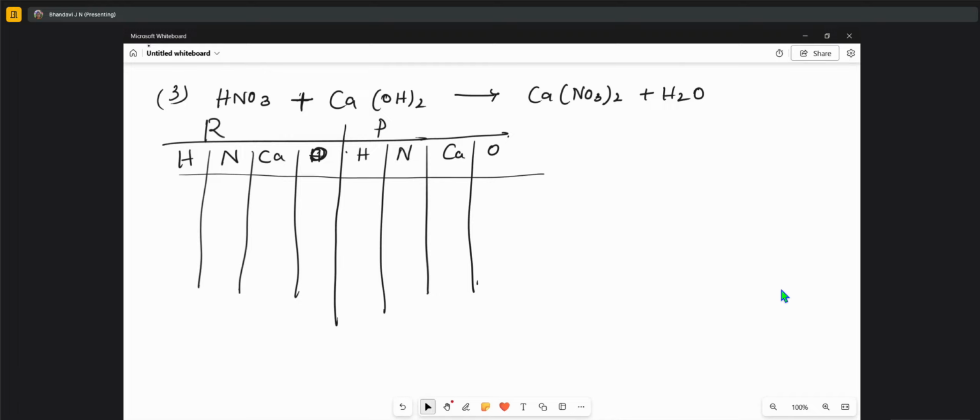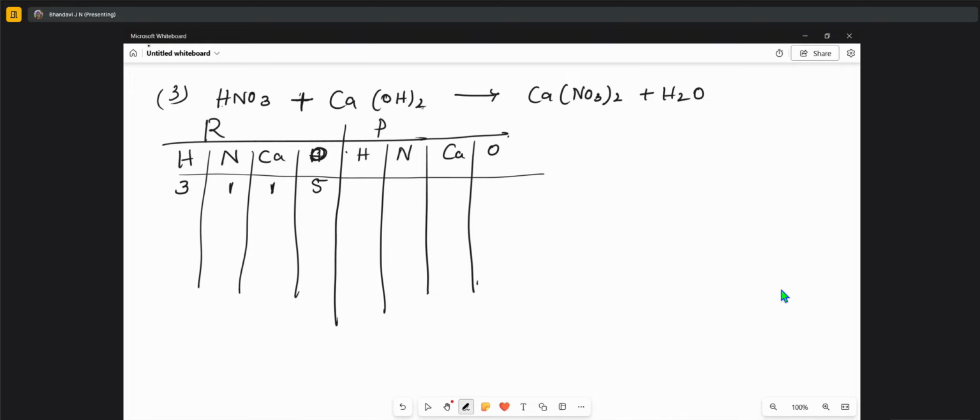So how many hydrogen are there in the reactant? It is 3: 1 here and 2 here, so 2 plus 1 is 3. Nitrogen, 1. Calcium, 1. Oxygen: 5, since 2 plus 3 is 5.